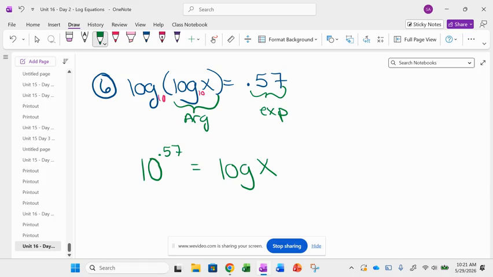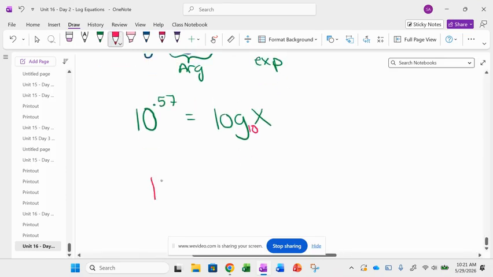So immediately I'm thinking I'm going to need to write this as what? An anti-log. But am I done solving? No. So I can't write it as an anti-log just yet. So now I'm going to do the exponential one more time. So now I'm going to have 10 raised to the 10 raised to the 0.57 equals x.